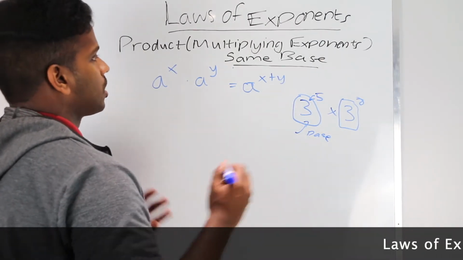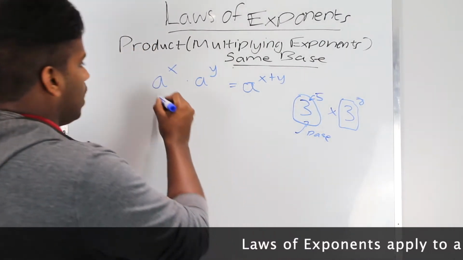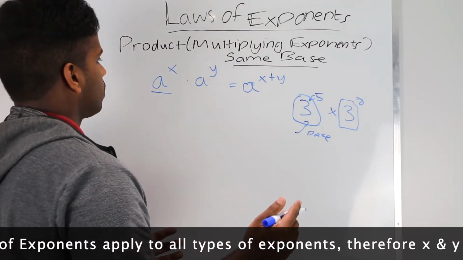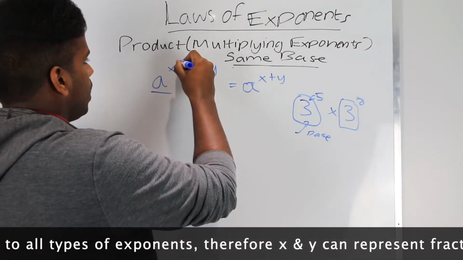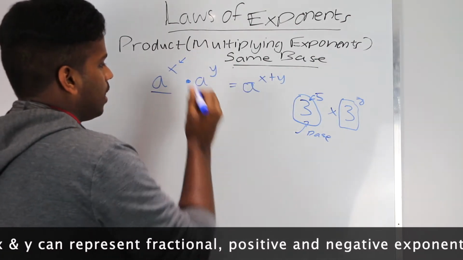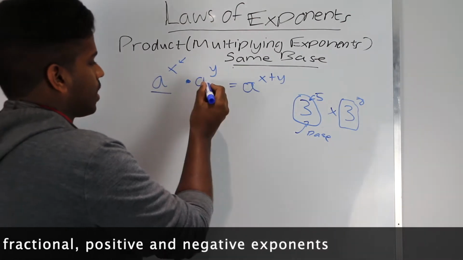Okay, so multiplying exponents with the same base. Let A represent any real number, and X and Y represent exponents. This dot here is just to indicate we're multiplying this exponent and this exponent.